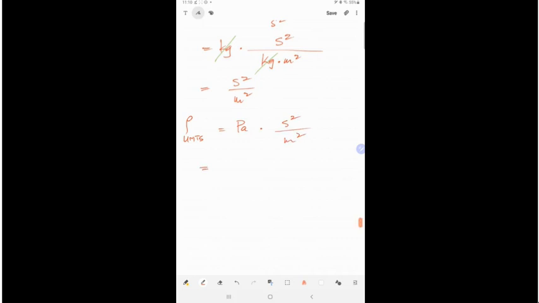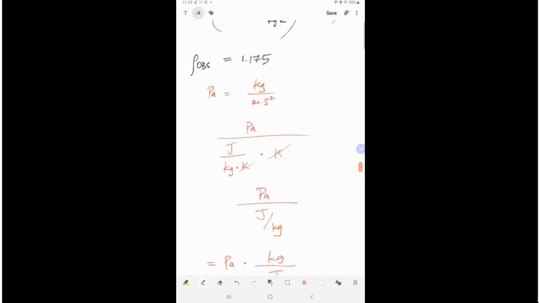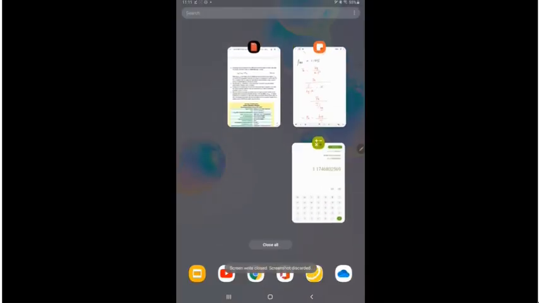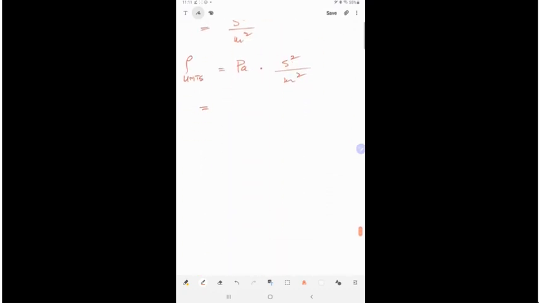And we know from what we did previously, we just reminded ourselves, our definition for a Pascal is right here. The definition for a Pascal is that it is a kilogram divided by meters times seconds squared.